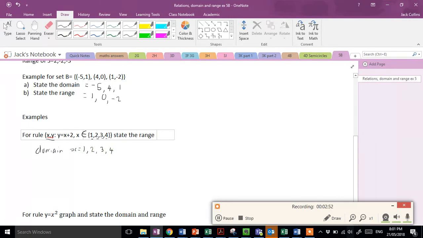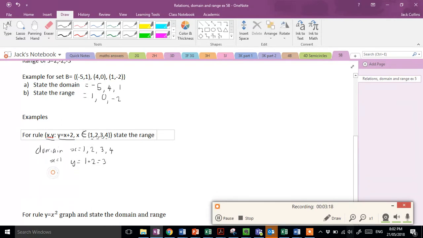So to find the range, you would simply substitute these values into the rule to find the y value. So x equals 1, y is equal to 1 plus 2, 3. Okay? So you can pause it here and have a stab at trying to find the next y values using that rule.